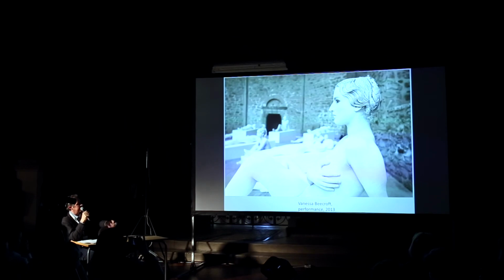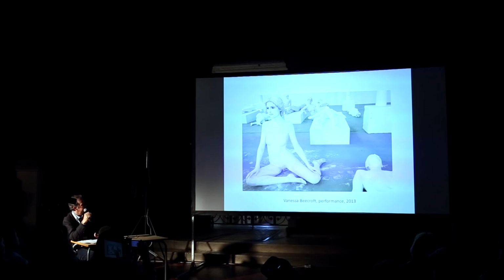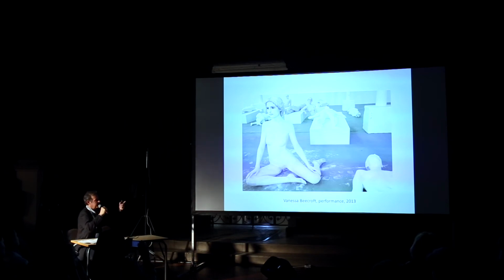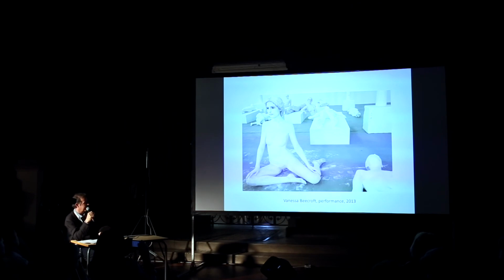And then again, Vanessa Beecroft reenacting with her performances in classical poses and compositions, which becomes completely something different, because when these models are enacting, there is nothing regarding sexuality.